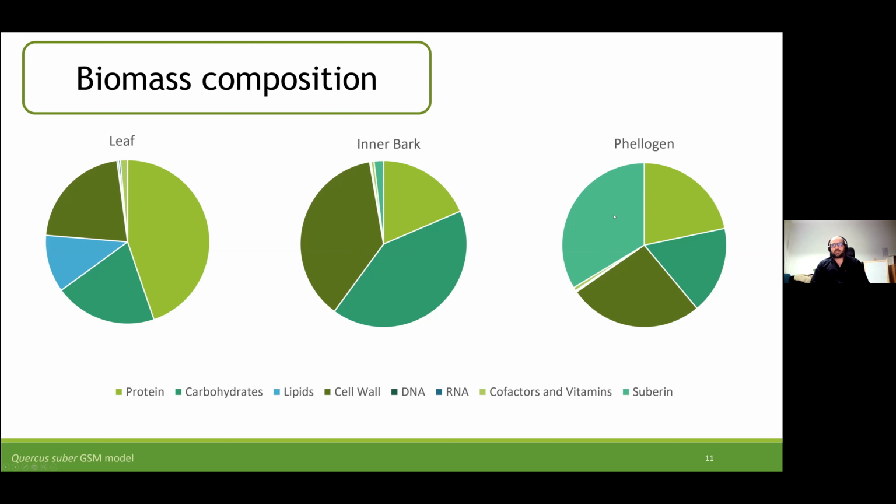Whereas for the phellogen, most of the composition is suberin, and also cell wall, carbohydrates, and protein. So the models that we have for different tissues also have different biomass compositions, besides the different set of reactions that were obtained through the transcriptomics data.